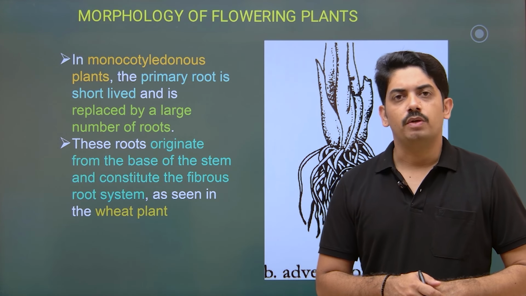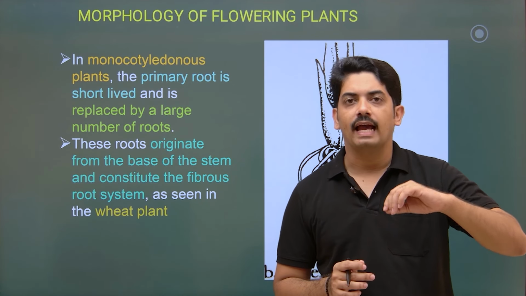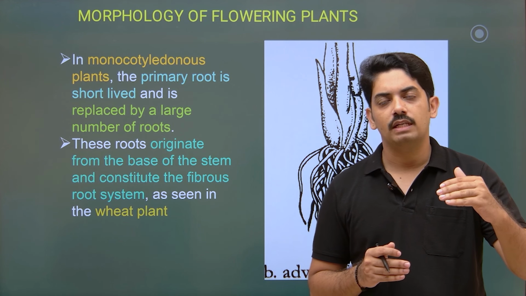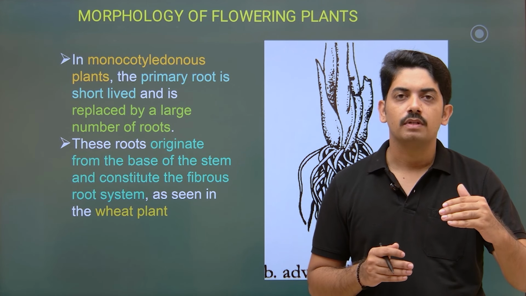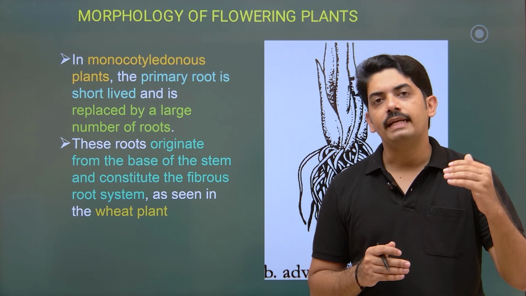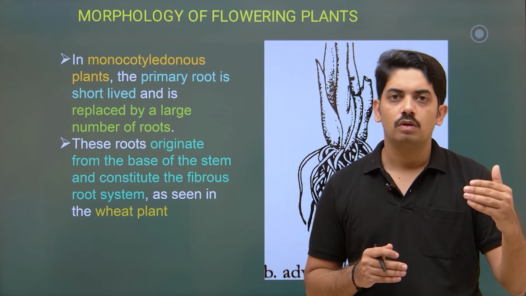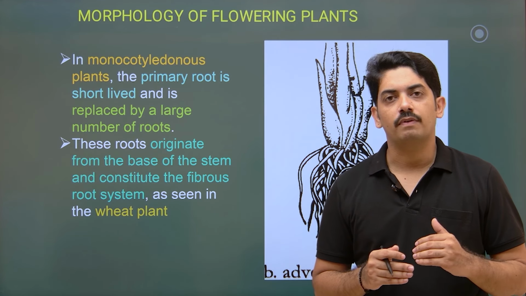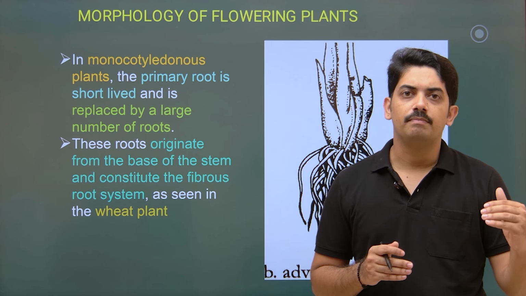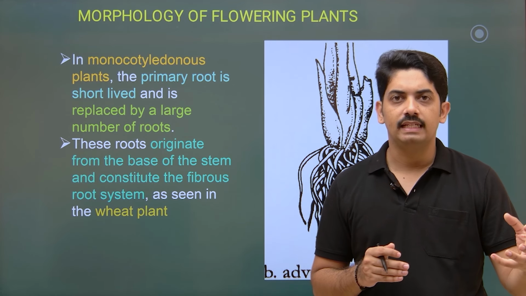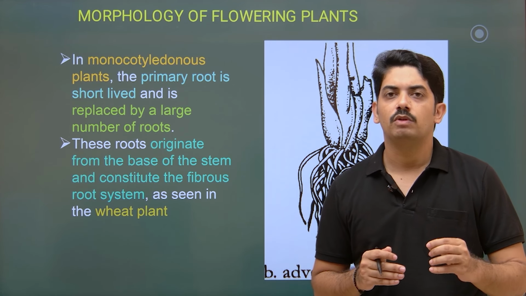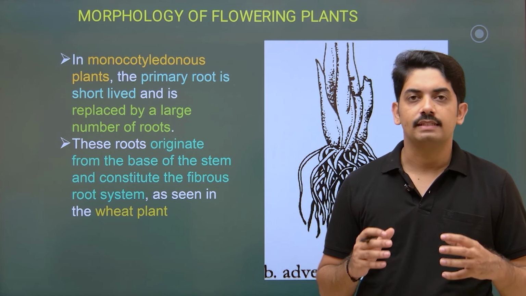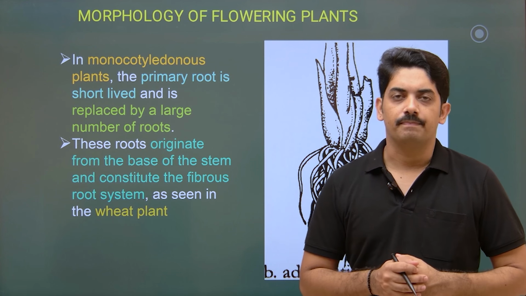When you look at the embryo in its axis, that we call the embryonal axis, the upper part of the embryonal axis consisting of plumule later gives rise to the shoot system, and the lower part of the embryo consisting of radicle later, in the seedling and in the plantlet, develops into root. So the root developing from the radicle, we consider it as a true root system.